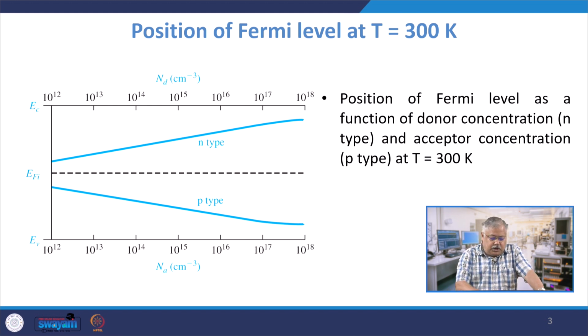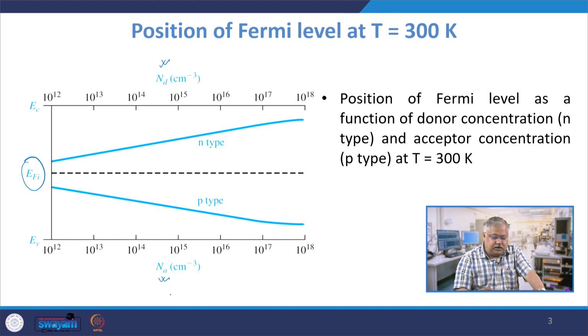Now, what we have shown here is the intrinsic Fermi level, which is EFI, as a function of the doping concentration. ND is the donor doping concentration and NA is the acceptor doping concentration.